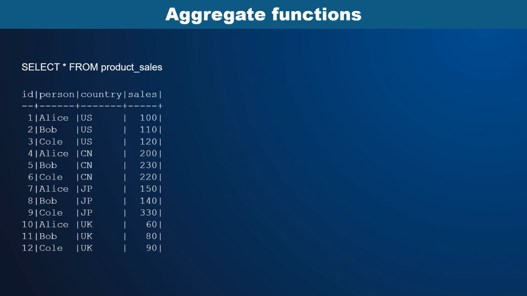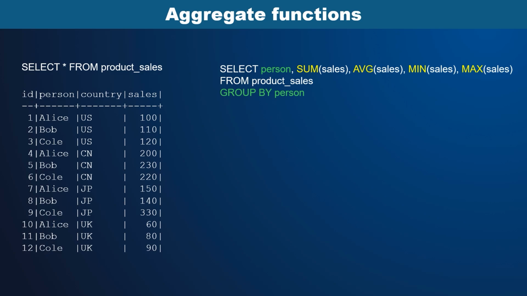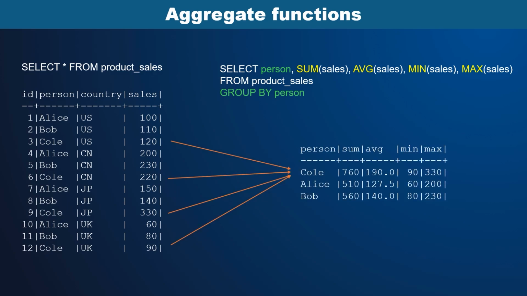And instead of aggregating the entire dataset, we can also split it into groups and process each group. Here we divide the dataset based on person and perform the aggregate functions on each group. Using aggregate functions is straightforward.